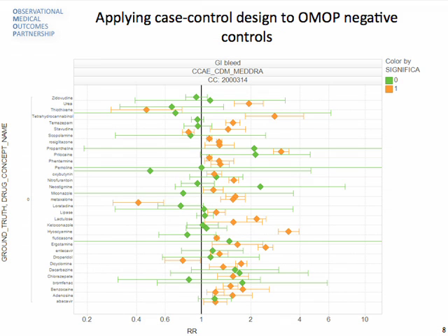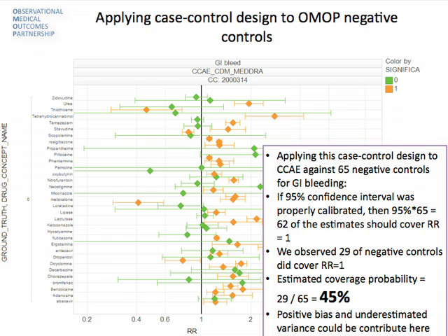But of course, the value we've got in the OMOP experiment is we have a large set of negative controls, so we can get a better estimate of the coverage probability than just these 2 test cases. So here is a plot that's actually showing all of the negative controls for GI bleed and what happens when we apply a case control design. And rather than trying to read all those drugs or look at all the dots, the cheat sheet here is green means it covers 1, orange means it misses it.